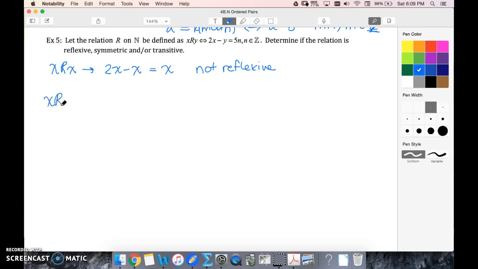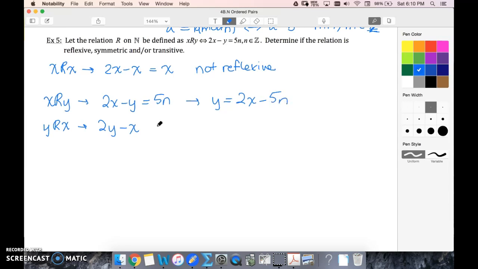All right, x is related to y. So now we're starting with the assumption that this is true. So we've got 2x minus y is going to be equal to 5n. Well, if we think about y being related to x, that would imply 2y minus x. Substituting in here, from this one y is the same as 2x minus 5n.